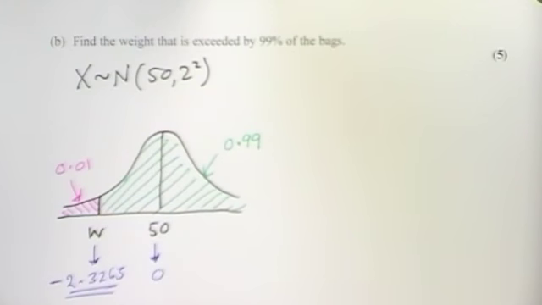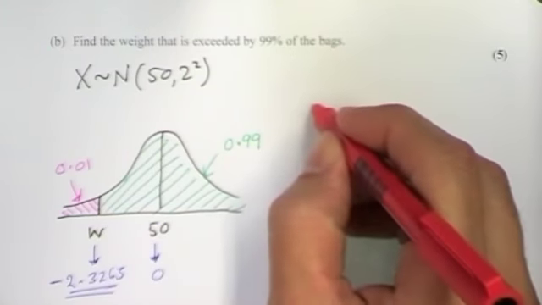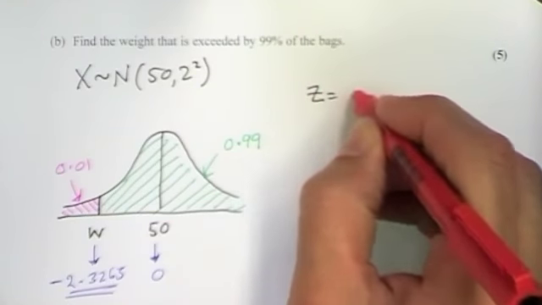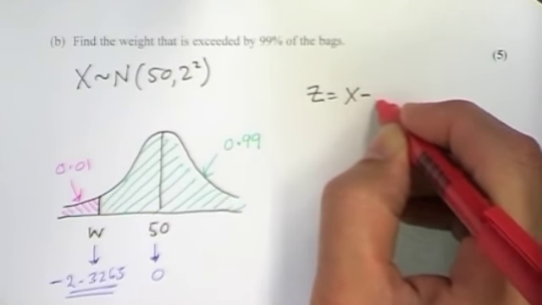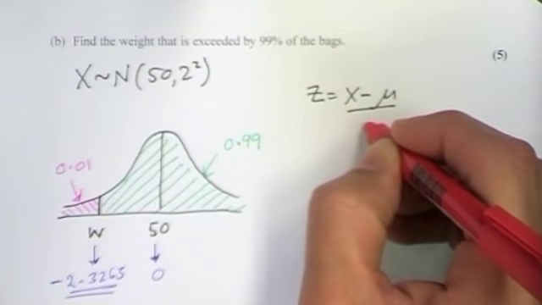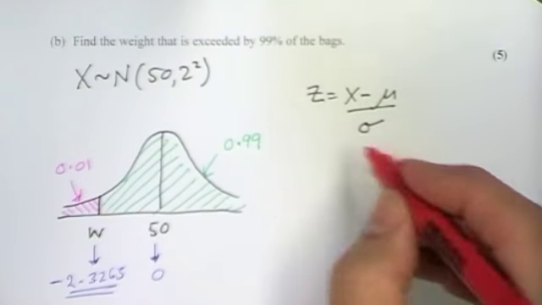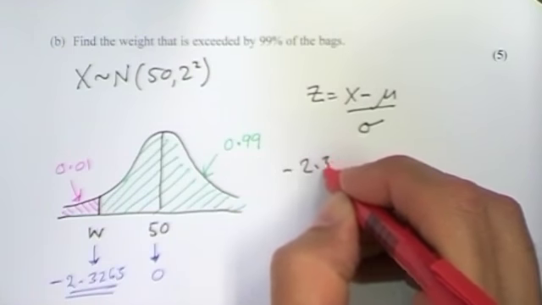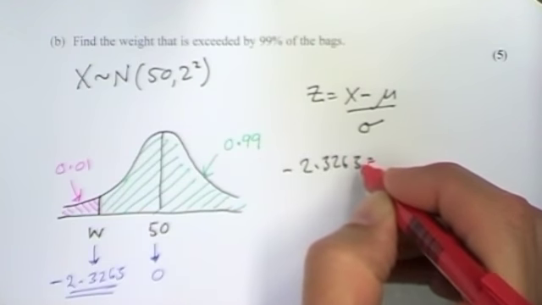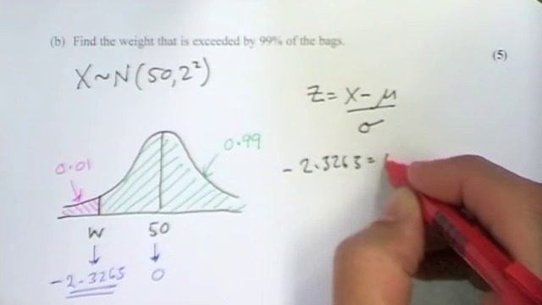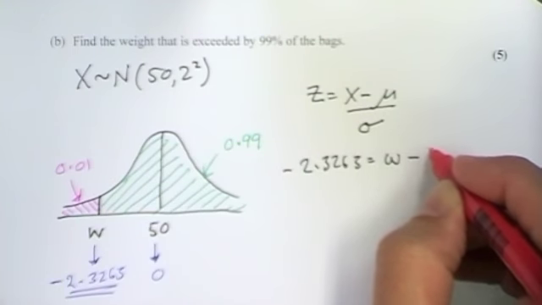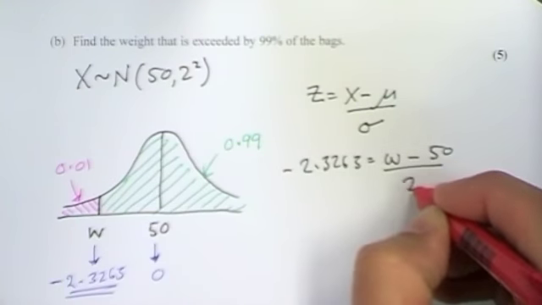Now that's the value I'm going to use in my equation so I can find W. And the standard equation, use again, so it's going to be Z equals X minus mu over sigma. This time we know our value of Z, so it's minus 2.3263 equals X, we're calling it W, minus the mean divided by the standard deviation.